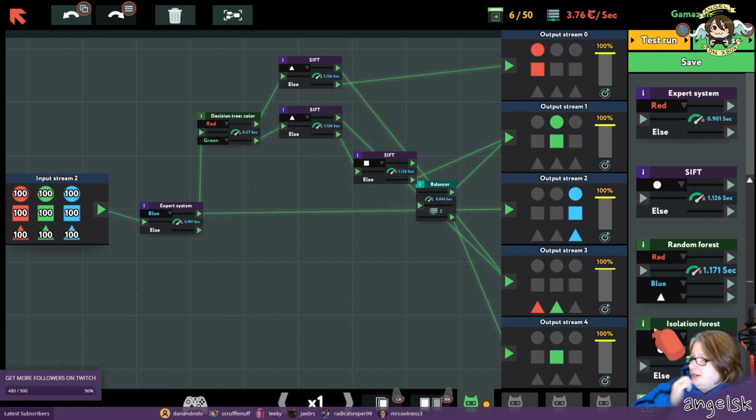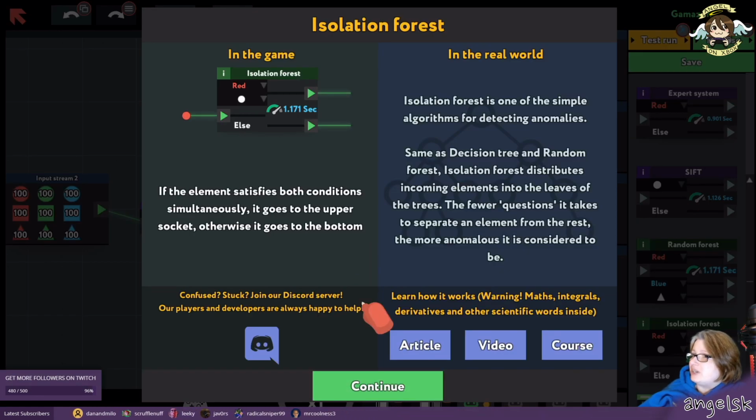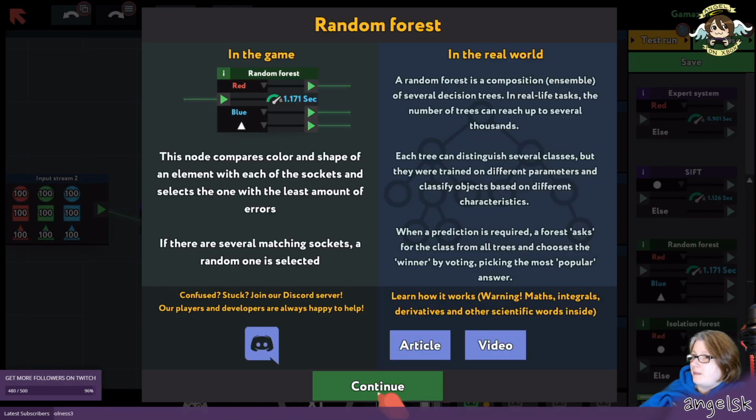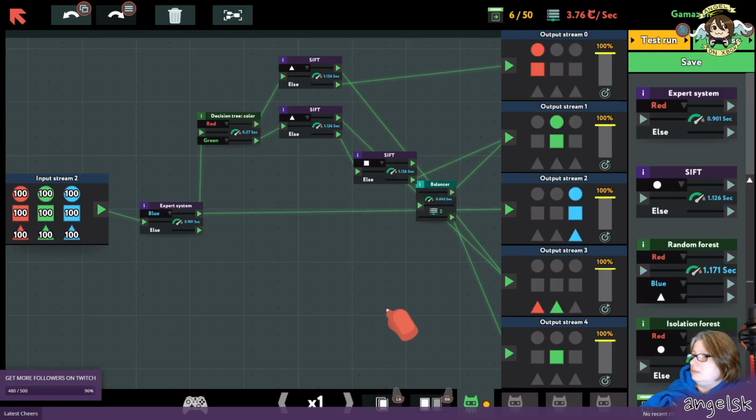Right, okay, both conditions simultaneously. Compares the colour and shape of an element with each of the sockets. The least amount of errors. It only matches a single one.